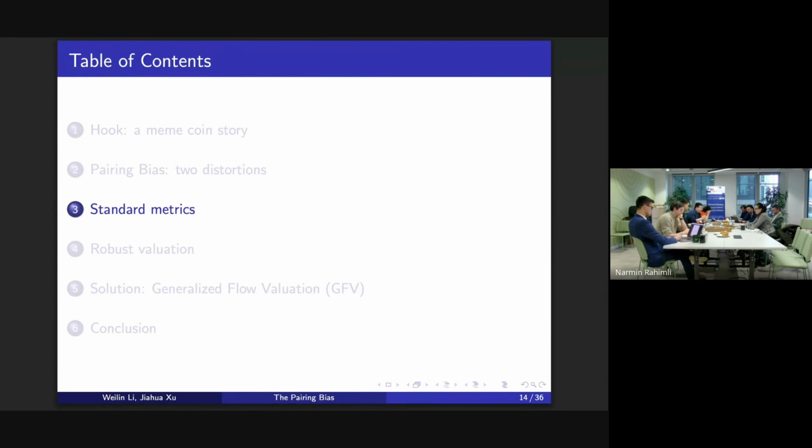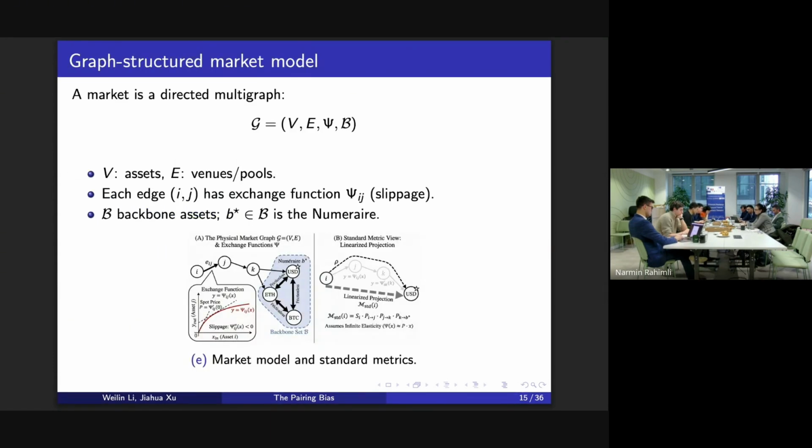So we just gave two examples, and to formalize this, we build a graph. Here are some mathematical notations, where I want to say that we built a graph where the edges are exchanges, like AMMs or order books, whatever trading mechanisms you have, and the vertices are the assets.